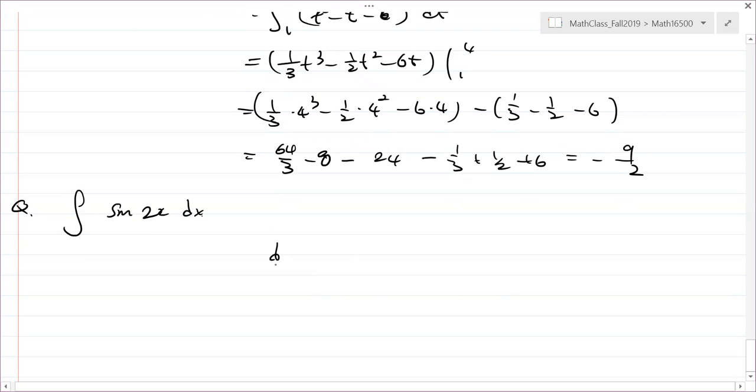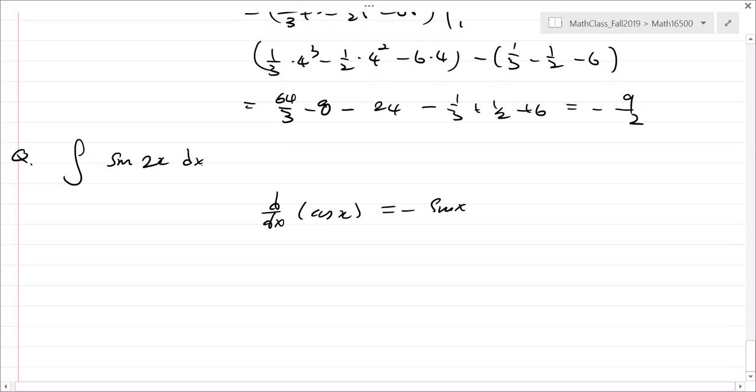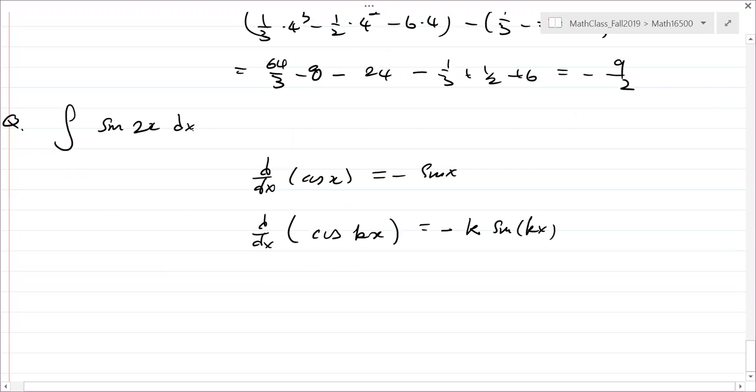We look at the derivative of cosine x, which is negative sine x, right? So how about cosine kx? When you differentiate, you get negative k sine kx, because differentiating kx gives you k.